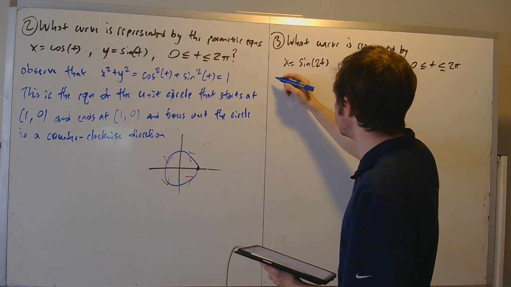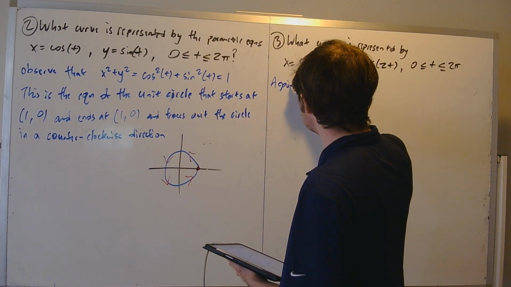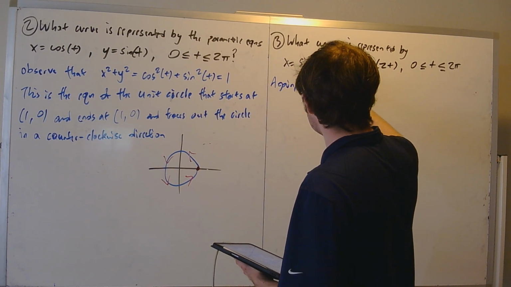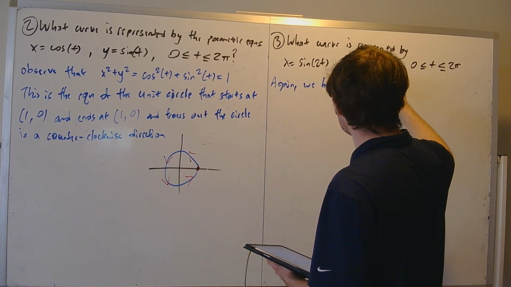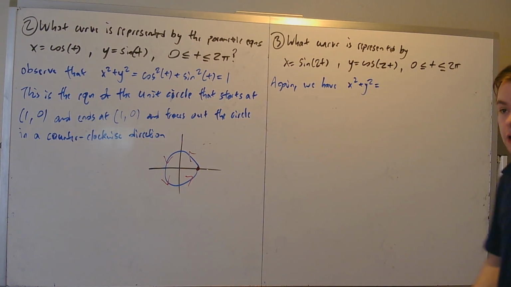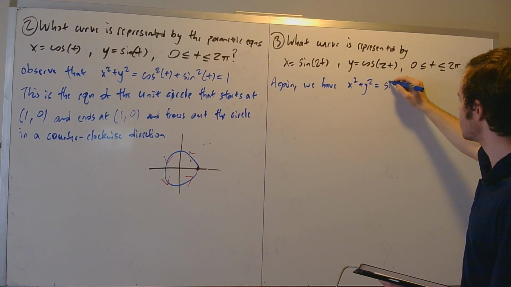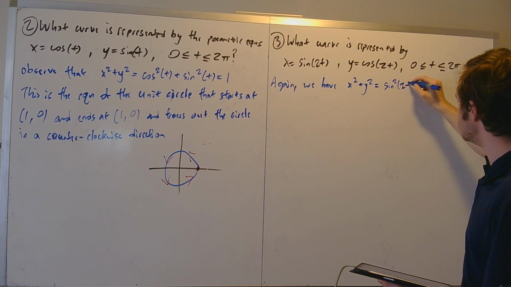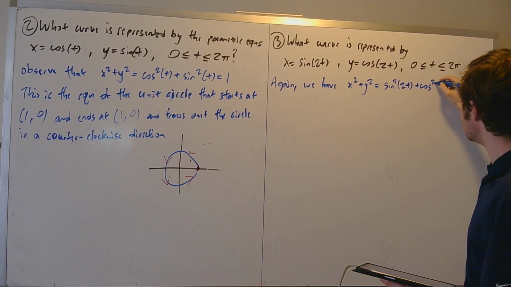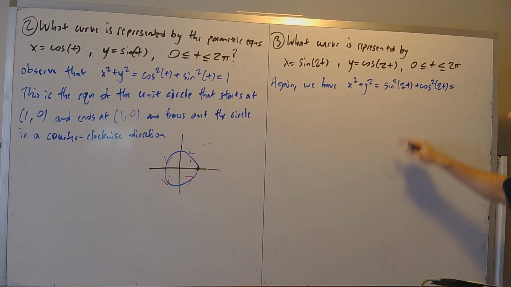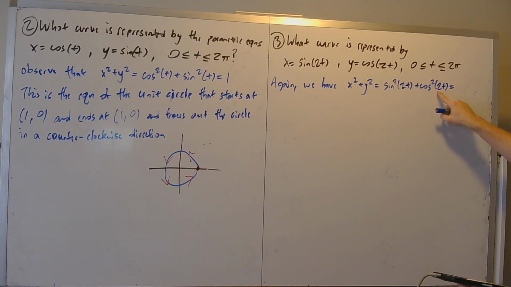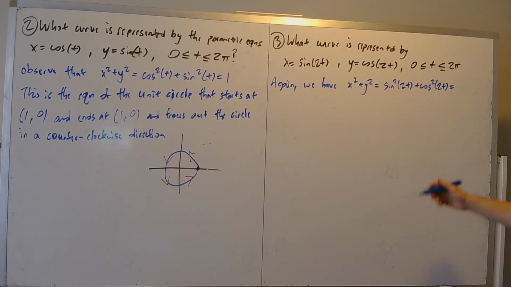So again, let's try it again to do x squared plus y squared. Let's see what happens when we do that. Then we're going to get sine squared of 2t plus cosine squared of 2t, which, again, if you have sine squared of an angle plus cosine squared of an angle, we had the identity that said that this is 1.